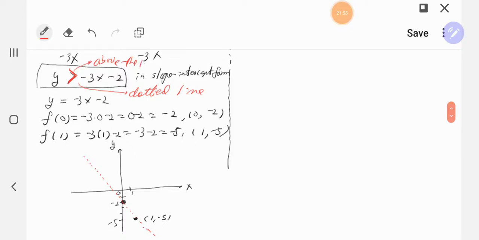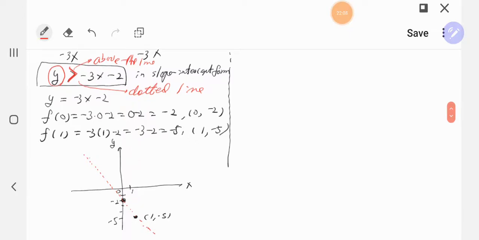Make sure y is on the left hand side, and the coefficient of y is always positive. Then the solution is above the line, this one. Okay, that's the solution. Make sense?